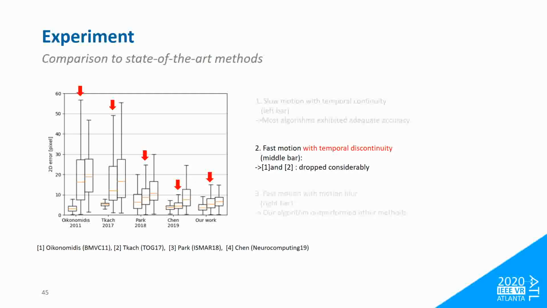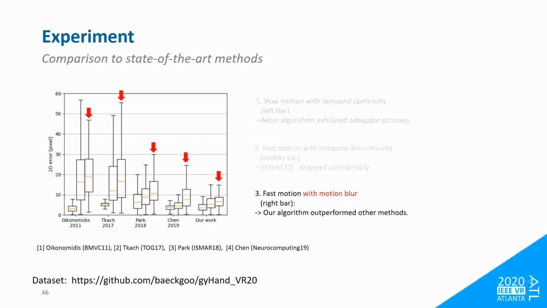This is natural because they assume that the hand motion is slow and smooth. Our method also employs model-based tracking, so the performance drops likewise. In this sequence, the discriminative approach, Chance Walk, shows the best result because it can estimate hand pose in a single frame. So the temporal discontinuity is not an obstacle for that method.